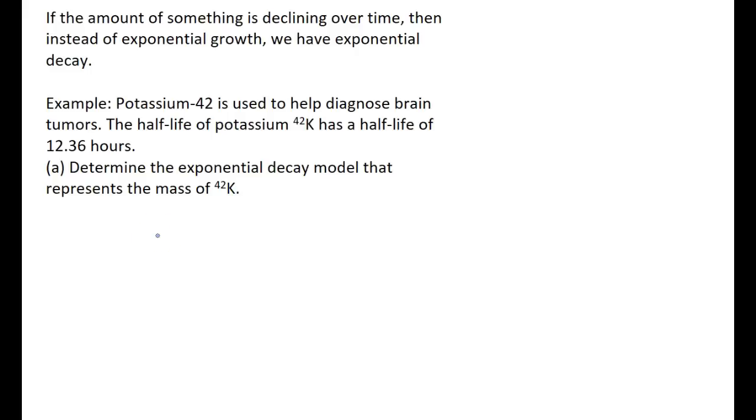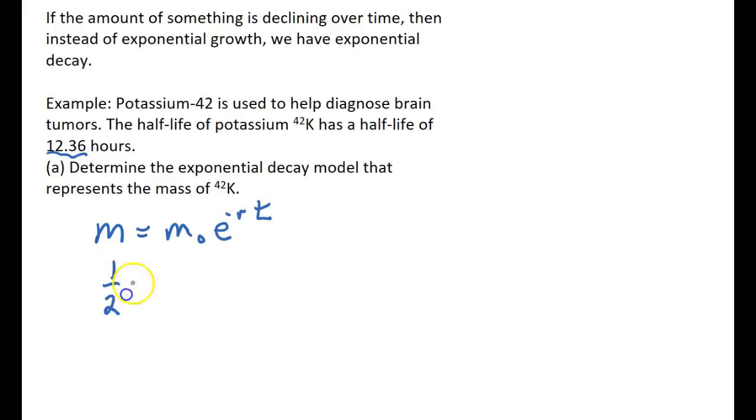All right, so here we go. I'm going to use m because we're talking about mass, but you can use n again if you want. So m equals the initial mass times e to the negative rt. Okay, so we know that after 12.36 hours, we have exactly half.